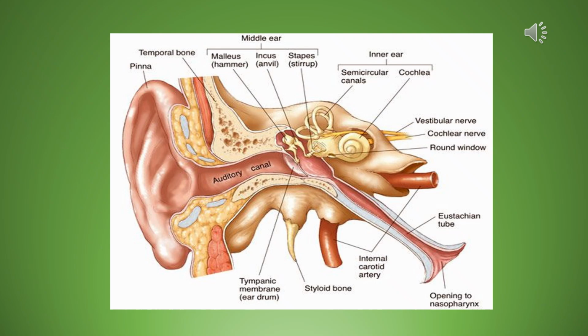The fluid inside the cochlea is called endolymph. So anytime waves of compressed air molecules strike the tympanic membrane, it moves. If it moves, then the auditory ossicles move. The third auditory ossicle is the stapes, and it's attached to this fluid-filled chamber.